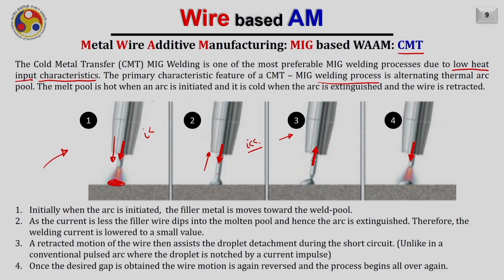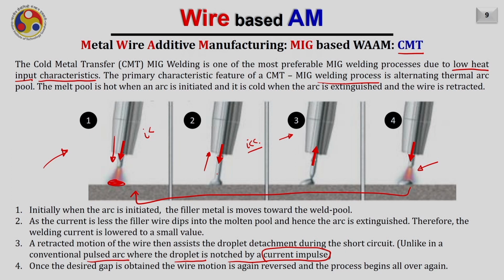A retracted motion of the wire assists the droplet detachment during the short circuit, unlike in the conventional pulse arc where the droplet is notched off by the current impulse. So mechanically, the droplet is left behind on the substrate. Once the desired gap is obtained, the arc is established again and the process repeats itself.